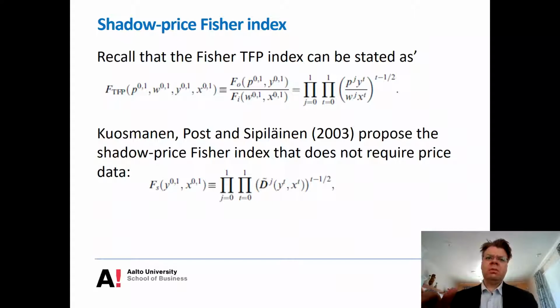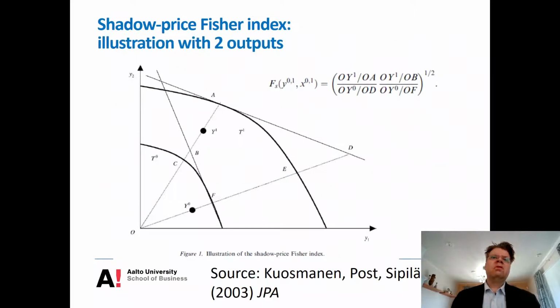I don't go into the technical details here. You can read them in the paper, but let me illustrate the idea with the following diagram taken from the paper. Let's simply think about a two output setting.